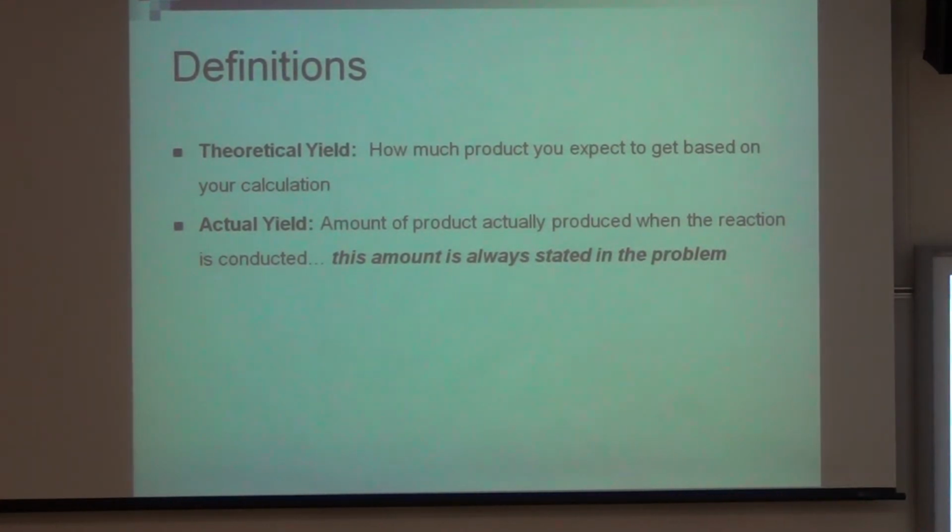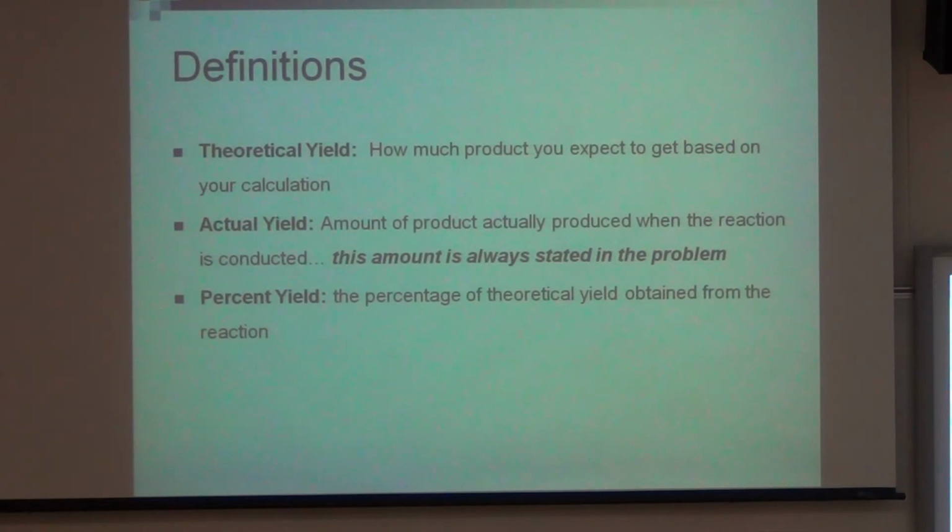And then the percent yield, of course, is just that, a percentage. So we're going to take the part, which is our actual, and divide it by the whole, which is our theoretical or our ideal, and then multiply it by 100 to get it into percent form.